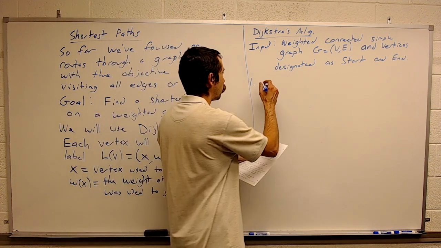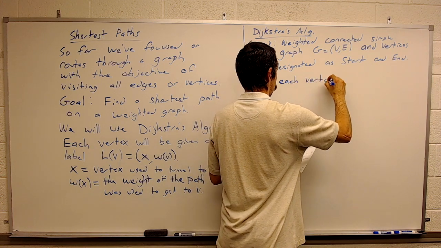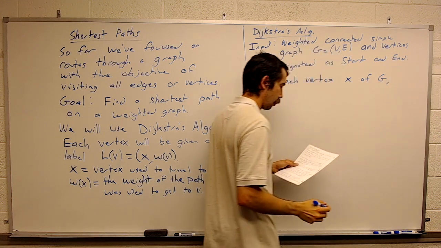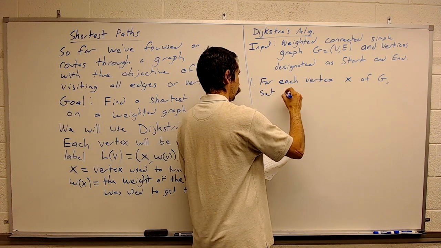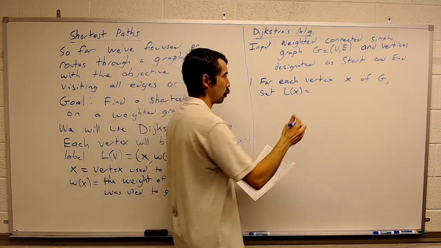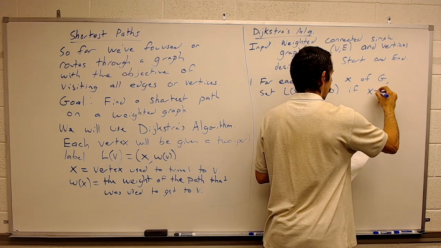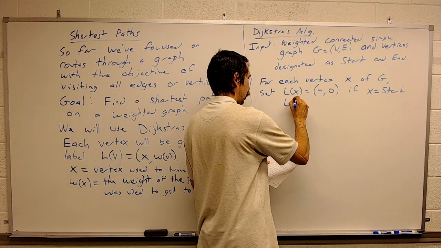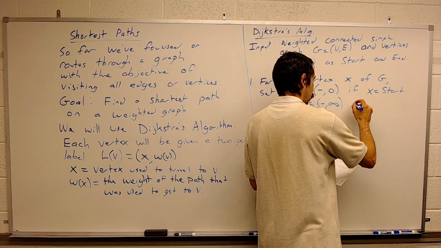Okay, so for each vertex, we're going to set L of x equal to dash 0 if x is the starting vertex, or L of x equals dash infinity otherwise.